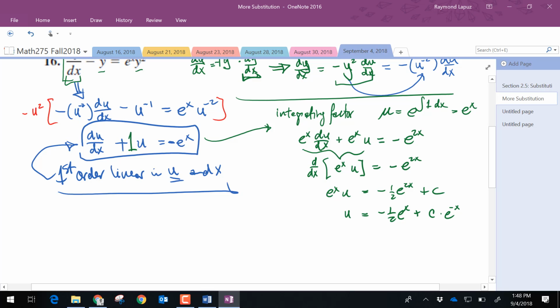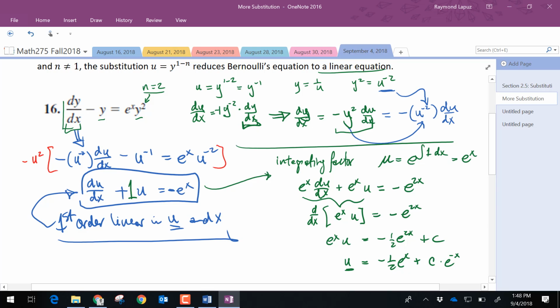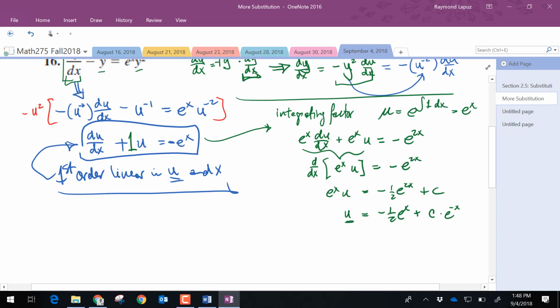If we were to stop there, we would look at the c times e to the negative x. That's a transient term. It goes to 0. And all those other things that we've talked about. But we need to replace u back. What was u equal to again? Y to the negative 1.